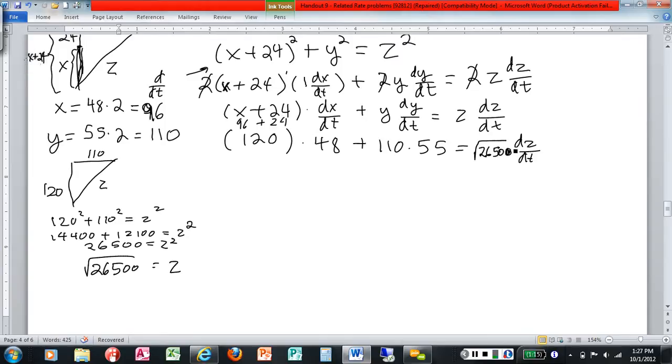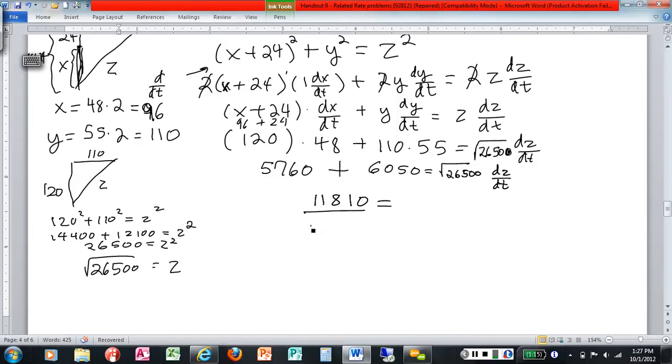All right, so 120 times 48 is 5,760, plus 110 times 55, 6,050. That equals the square root of 26,500 dz/dt. So 5,760 plus 6,050 is 11,810.